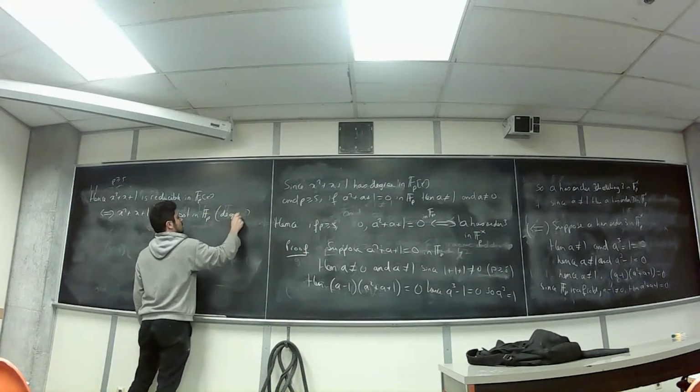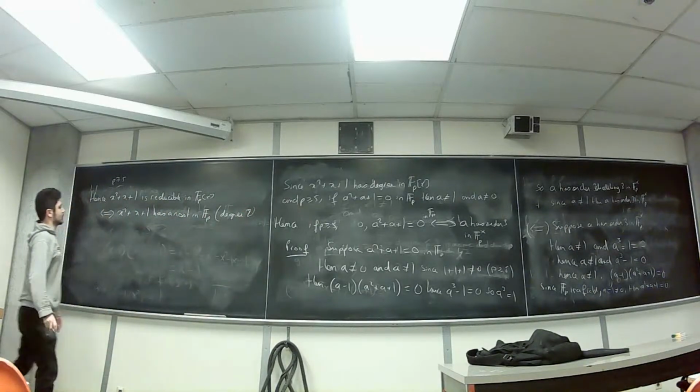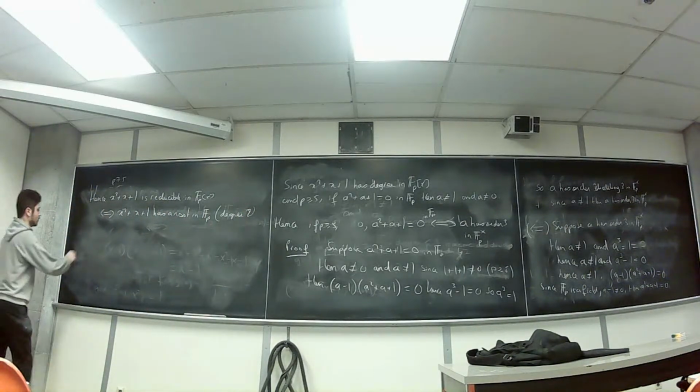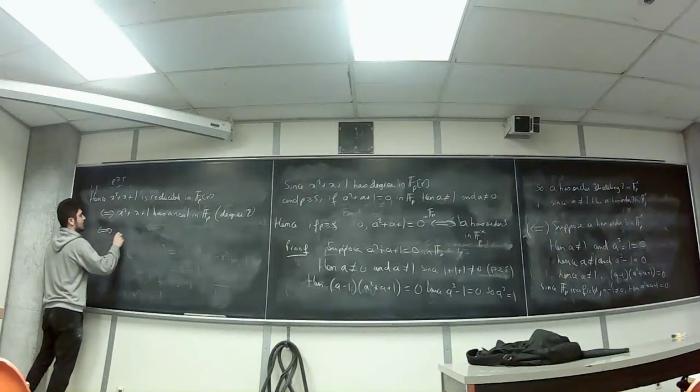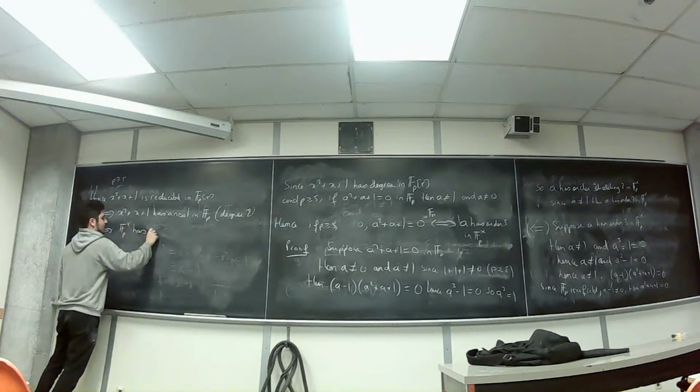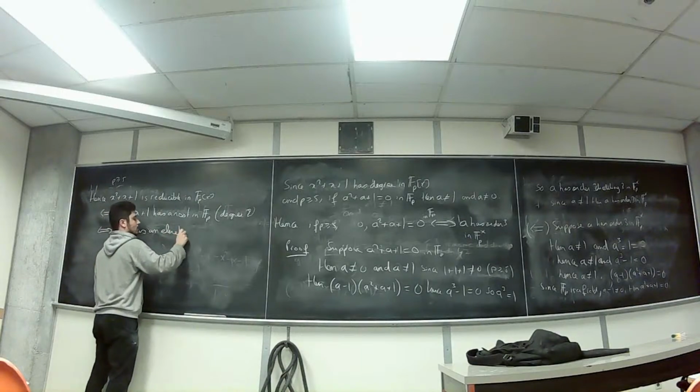It's a degree 2 polynomial. If and only if F_p star has an element of order 3.